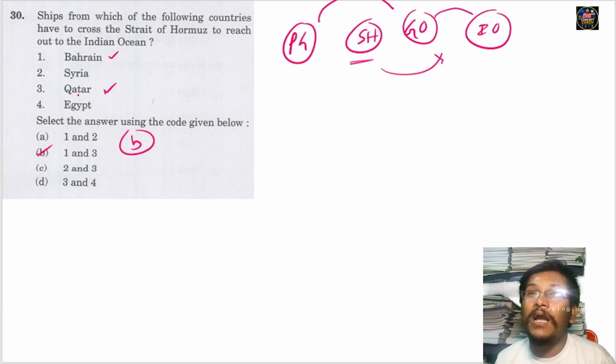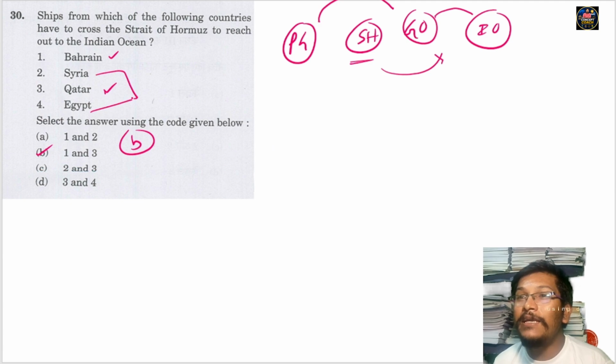In this regard, we have to know some more maritime choke points. Those come from this list only. Syria and Egypt. These countries need to utilize the Suez Canal, which is the link between the Mediterranean Sea and the Red Sea.